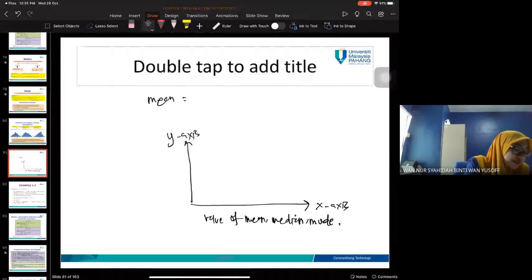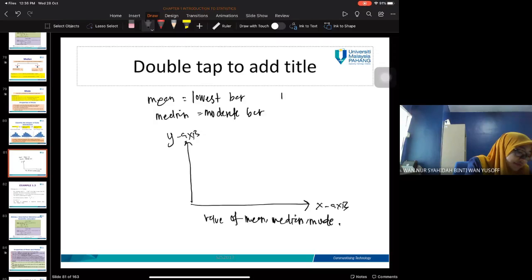Mean is always the lowest bar, median is the moderate bar, and mode is always the highest bar. So the y-axis is fixed, and what we plot is the value of mean, median, and mode on the x-axis.